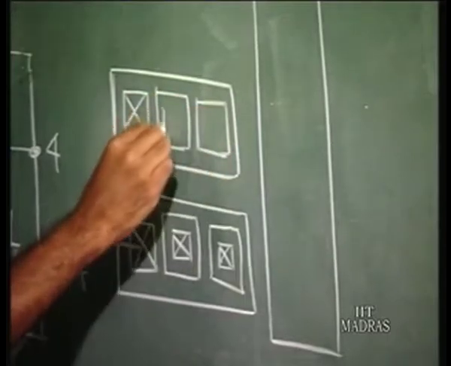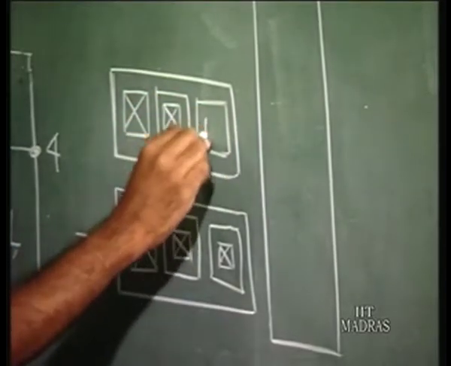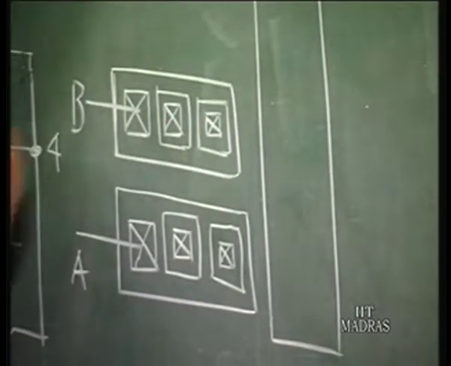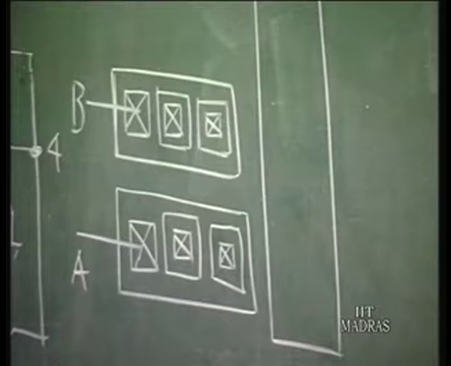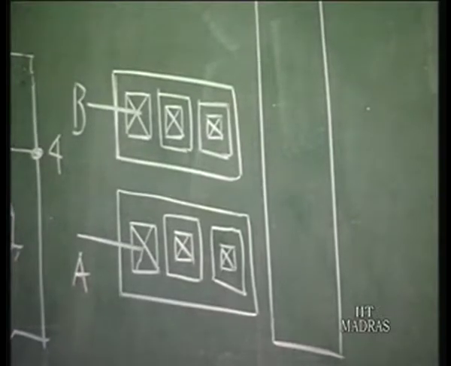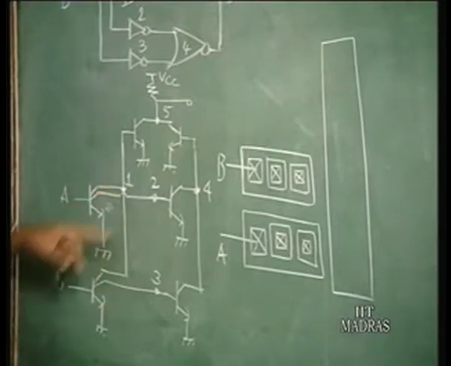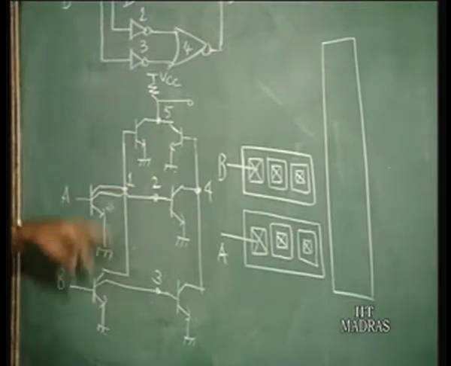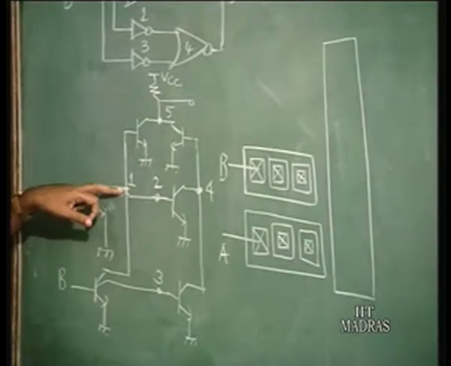So these are the 2 collectors, and this is the base input, and you have the input B here. Now, one of the collectors of these 2 transistors is shorted. They are shorted to give you the first gate, NOR gate.